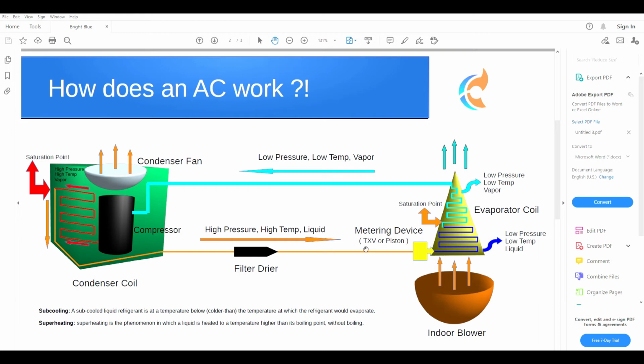I will explain in another video the difference between a thermostatic expansion valve and a piston, but I will just give you a brief explanation of what subcooling and superheating are, which are very important factors to evaluate an air conditioning system. Technically, these two will tell you exactly what's happening in your air conditioning system in terms of troubleshooting it.